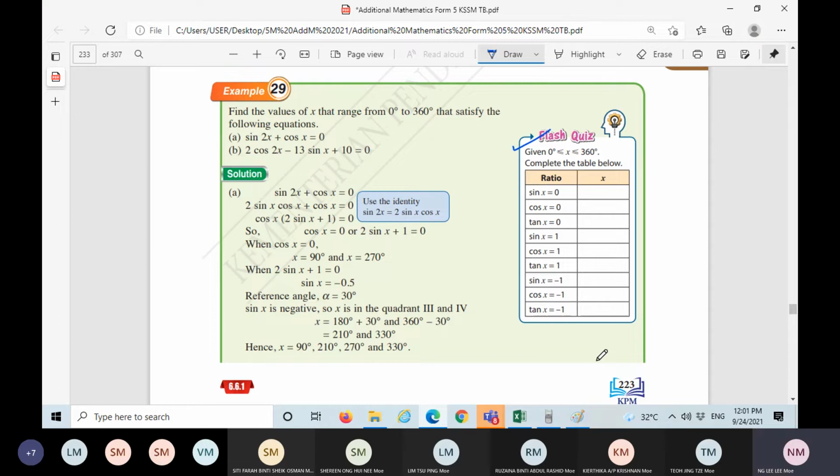When you do this type of questions, solving the trigo equation, I don't want you to miss out any of the answers. I will do the first one for you. You get the idea, then for the rest I want you one by one to help me get the answer. This type of question is related to the special angles. If you have the special angle table with you, then you can do it very fast.